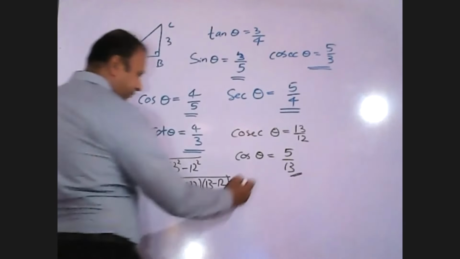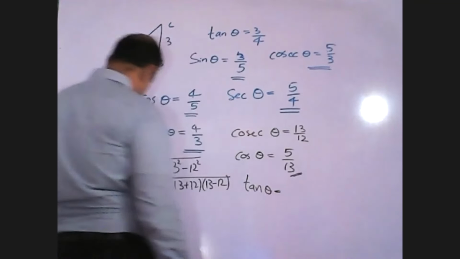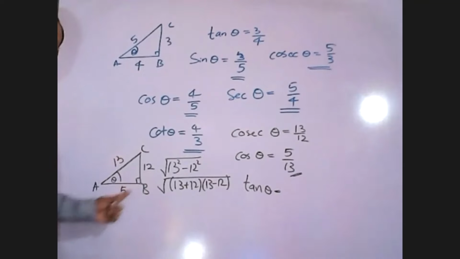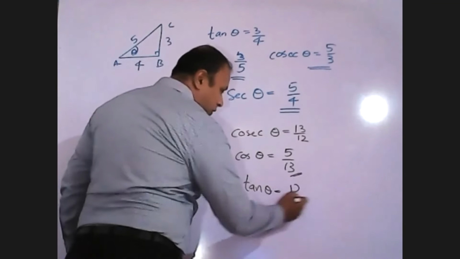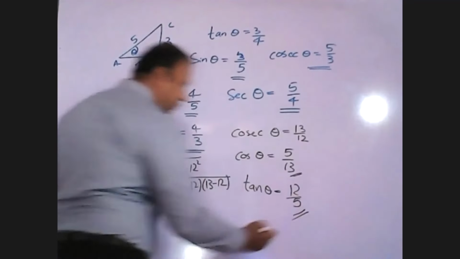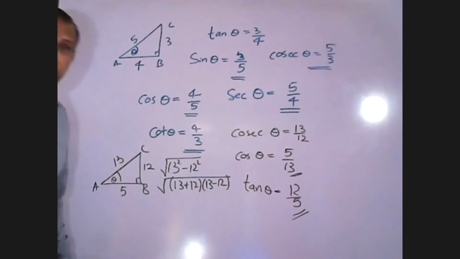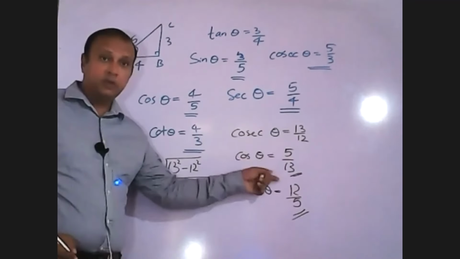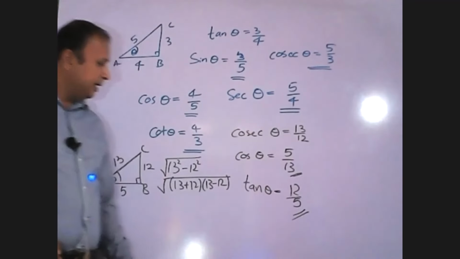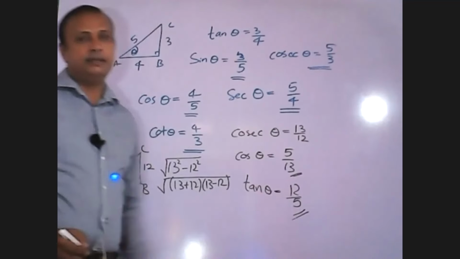Then tan theta is opposite side over adjacent side, which means 12 over 5. Sorry, cot theta is the reciprocal of this one.